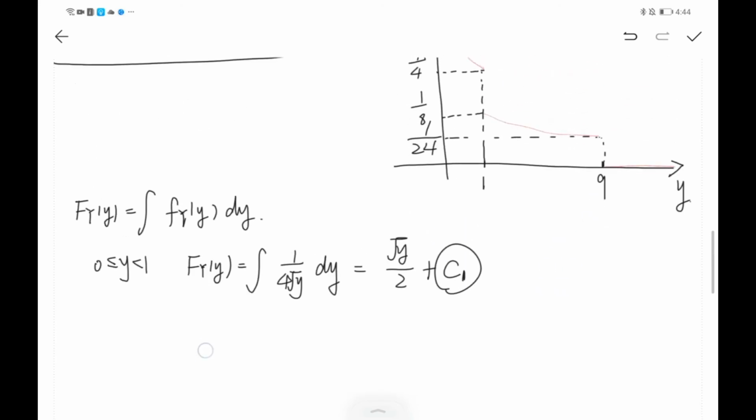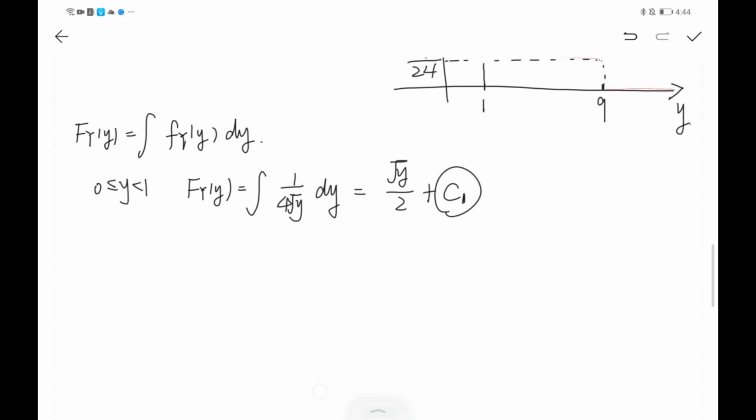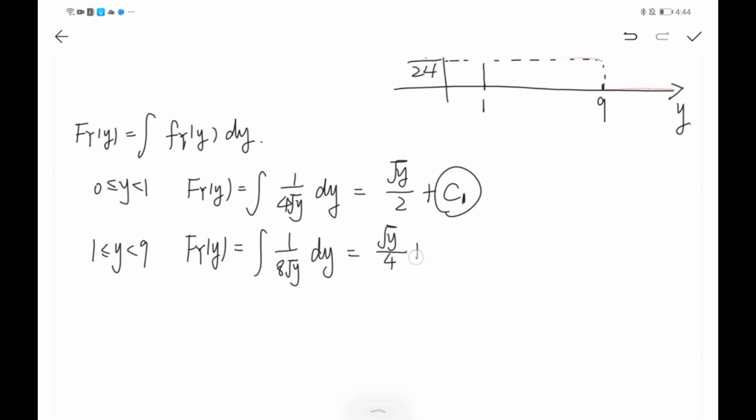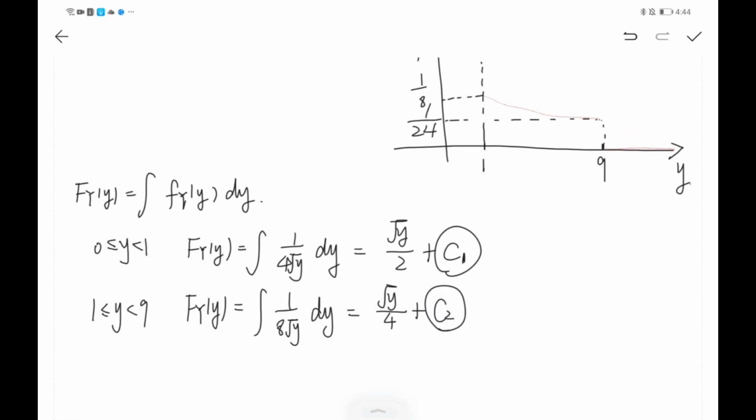And for y from 1 to 9, we know that the distribution function equals this. And we should make sure of the C1 and C2.